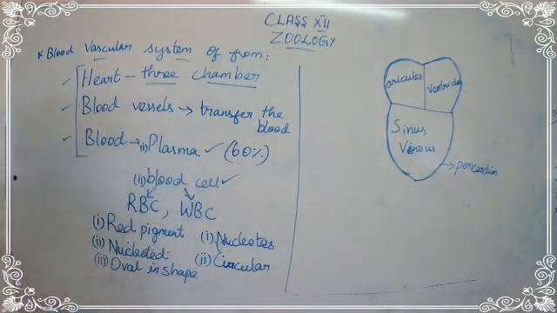And once again, repeat. What are the properties of white blood cells? White blood cells consist of nucleotides and the shape of the white blood cells is circular. Likewise, red blood cells are loaded with red pigment and nucleotide and the shape of the red blood cells is oval.